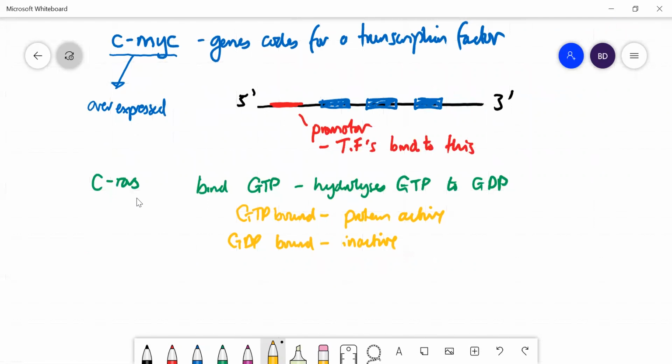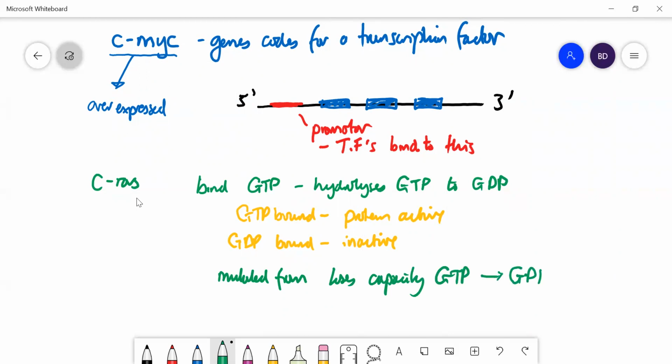Now, in a mutated form of the protein, it loses the capacity to hydrolyze GTP to GDP. So that means that the ras protein is always on. It's always active. It causes activation of pathways which promote cell division. Inappropriate cell division, cancer is going to occur.